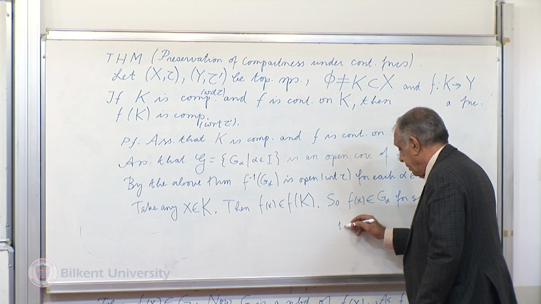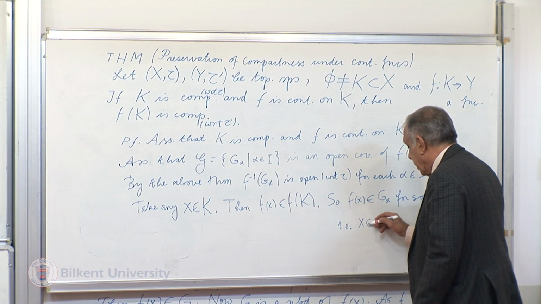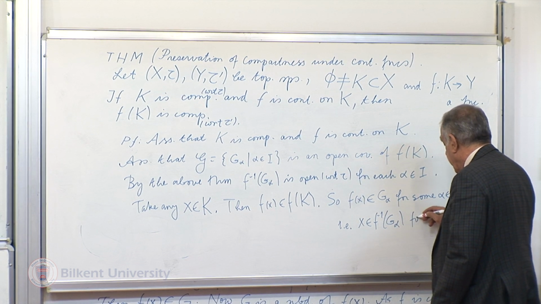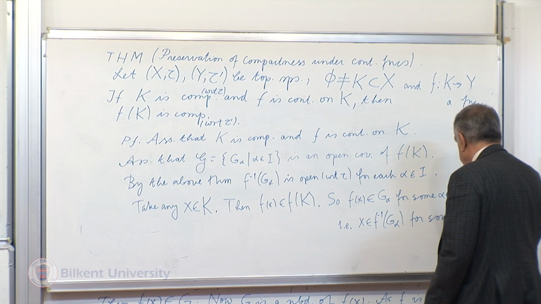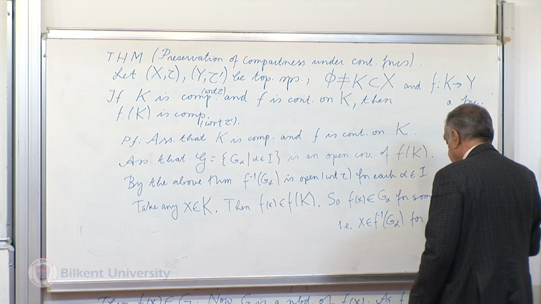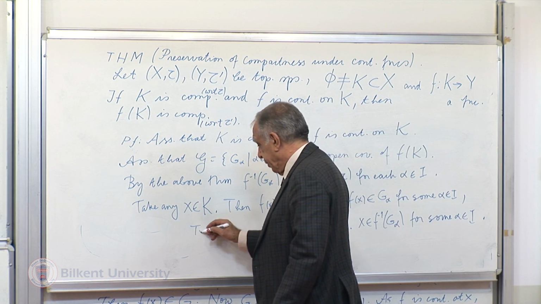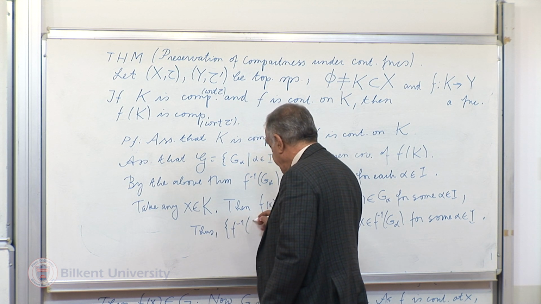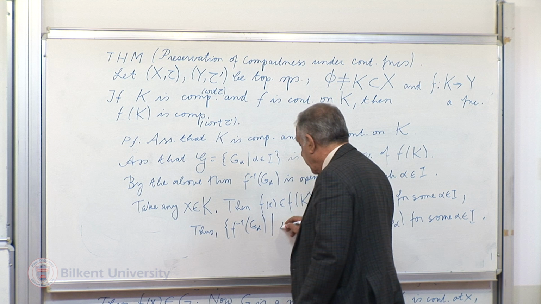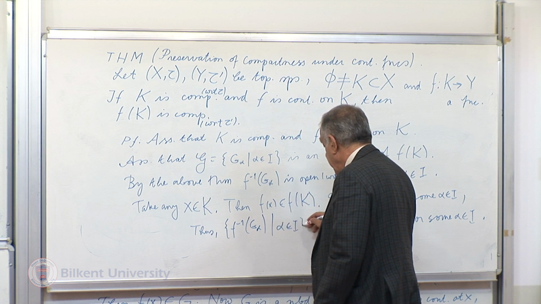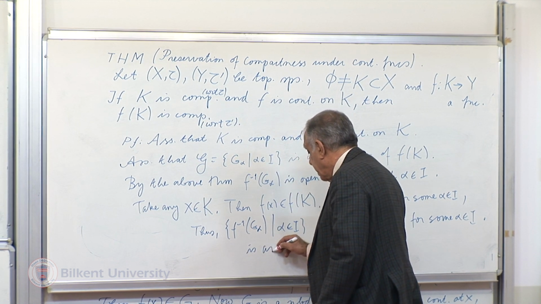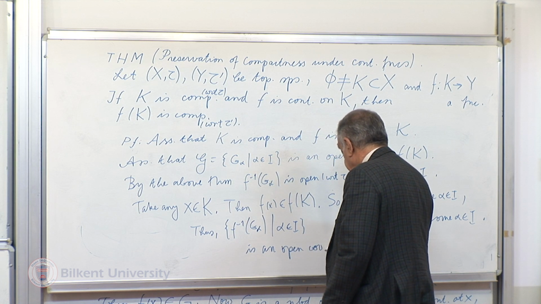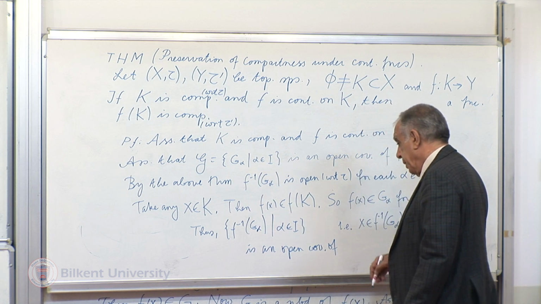That is, x will belong to f inverse G alpha for some alpha in I. Thus, the collection f inverse G alpha such that alpha is in I is an open covering of K.